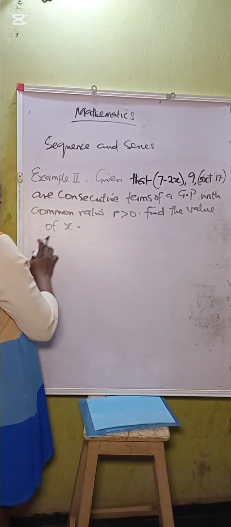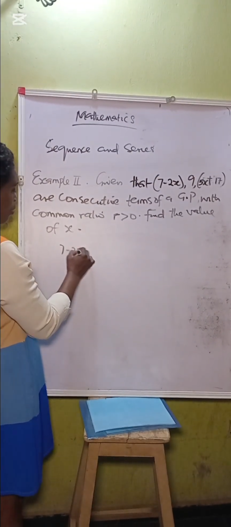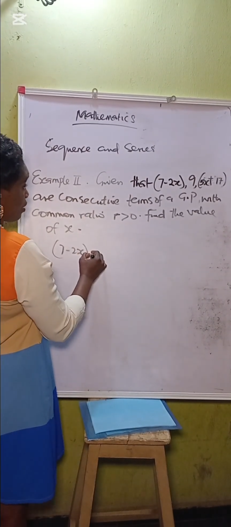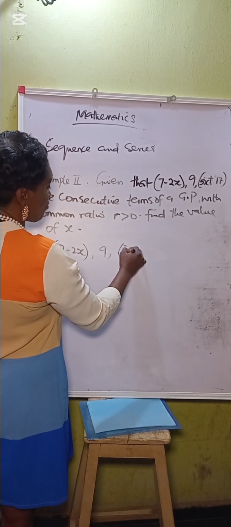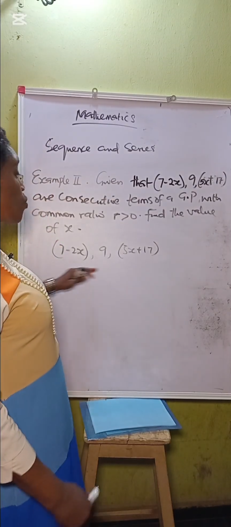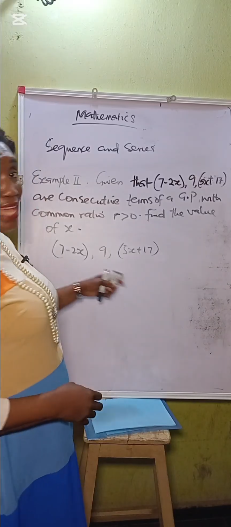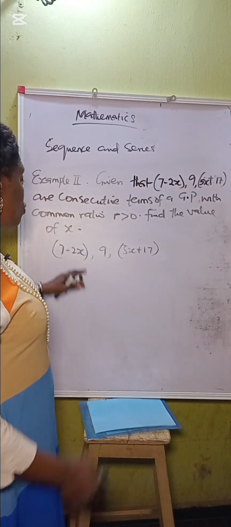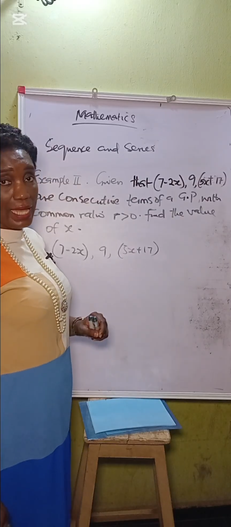Okay, so consecutive terms, meaning that 7 minus 2x, 9 and 5x plus 17 are terms in a GP. So this one is the first term, this one is the second term, this one is the third term.